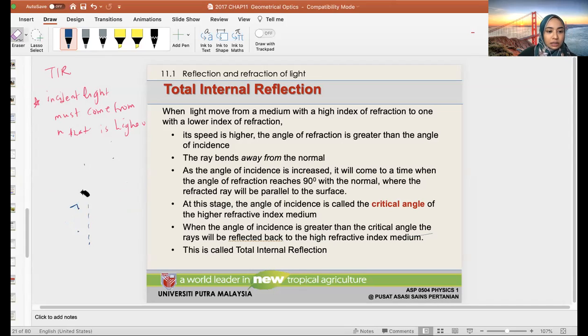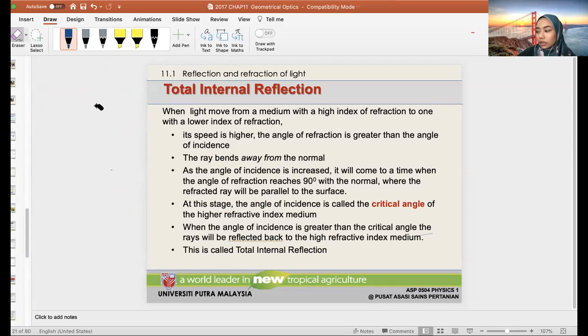Okay, so let's take a look on how TIR works or how it starts. Kat mana nak tulis, I have a lot of space. Kat sini je lah. Okay, so that is your first condition. Please remember, n1 must be greater than n2. Okay, so this is my n1, this is my n2.